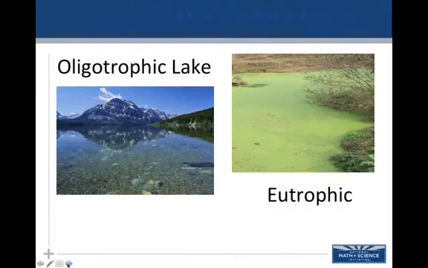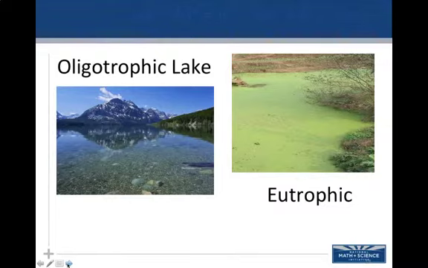The reason why these lakes that have this low primary productivity, which are on the left, are very cold and just don't have a lot of nutrients available to them for whatever reason. And so they don't have a high sustainability of organisms in this. And then you have eutrophic, which is on the right side of the slide. And this almost looks like a green blanket over this lake.